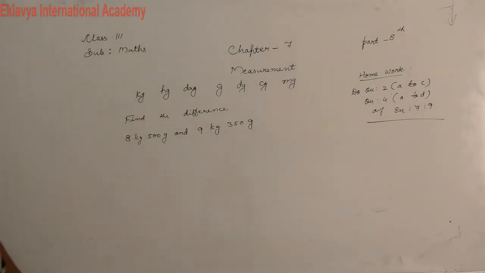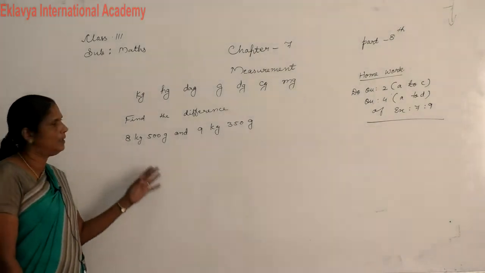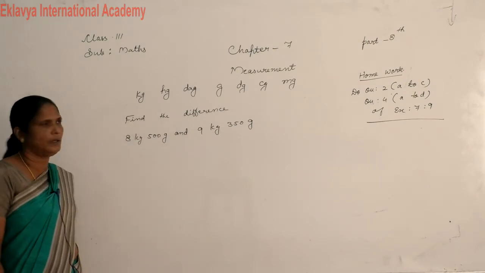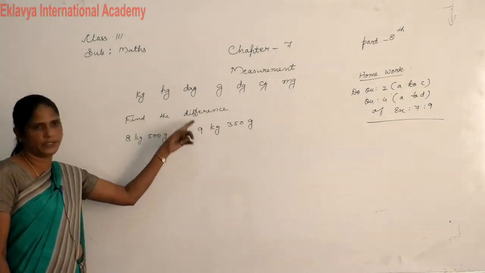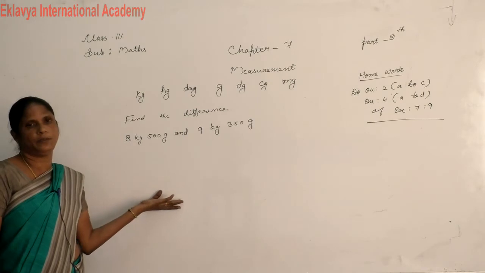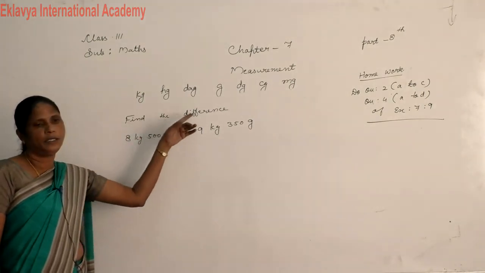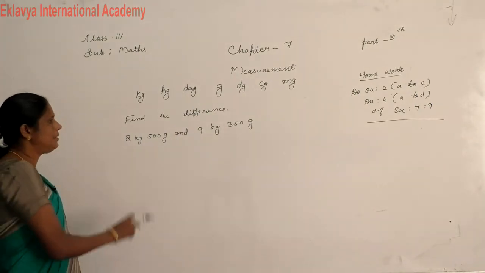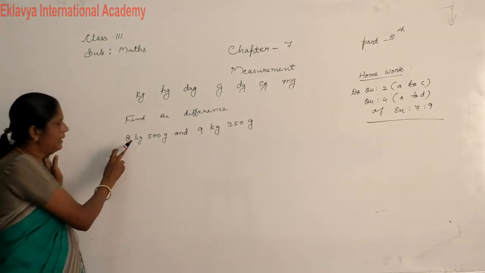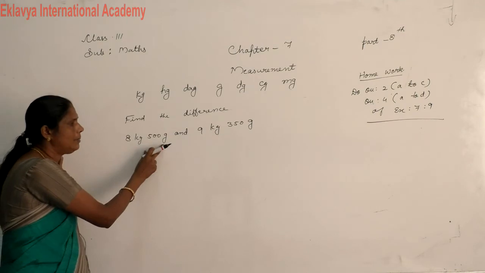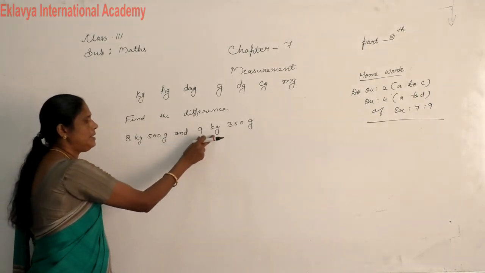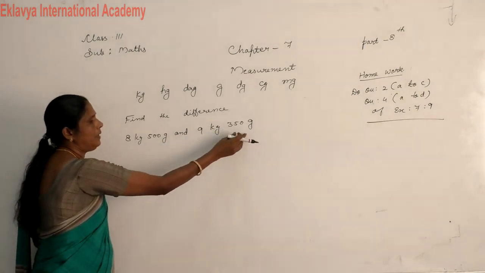Listen, here the question has changed. The sentence changes here. Find the difference. This is also subtraction. First you read the numbers, 8 kg 500 gram and 9 kg 350 gram.